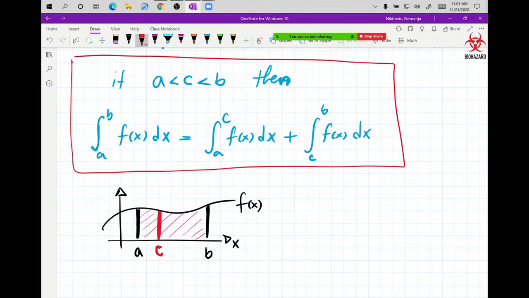And just calculate these two separate areas, a to c and c to b, and just add them up. So this entire a to b is this, and then you have this portion there and this portion there. That's all it is. It's very, very simple stuff. So that's that.